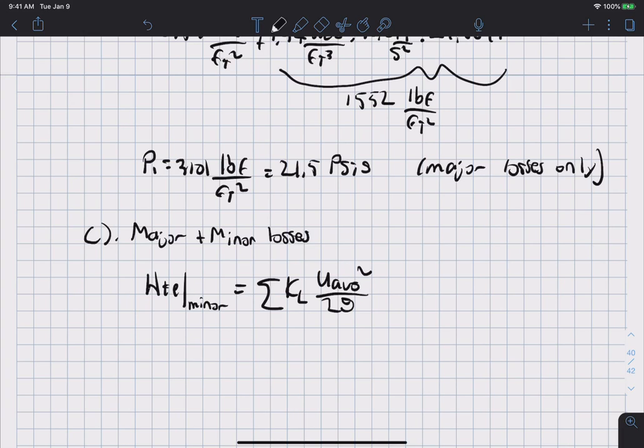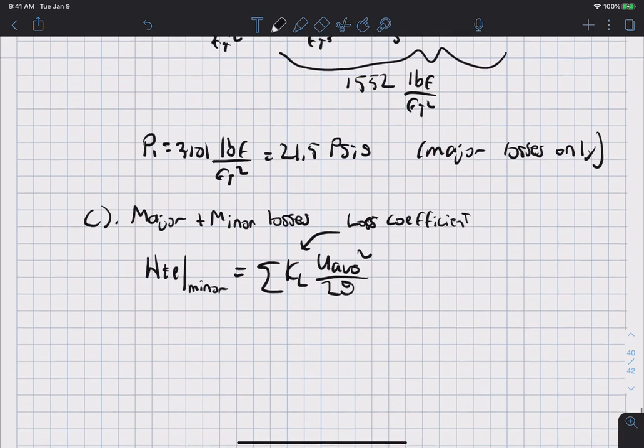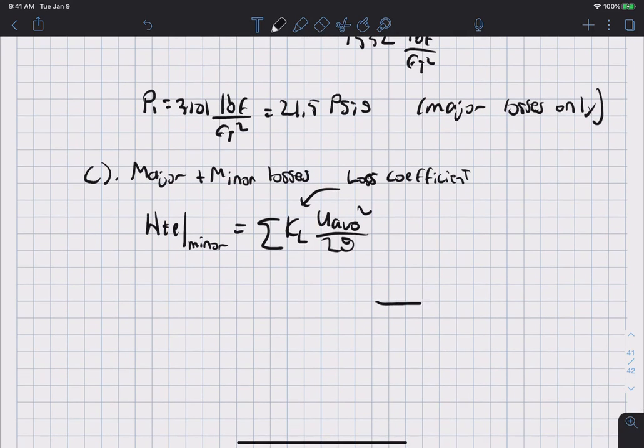We need to count up all the components and get the loss coefficients. So we sort of go through the piping system and make a bill of materials.